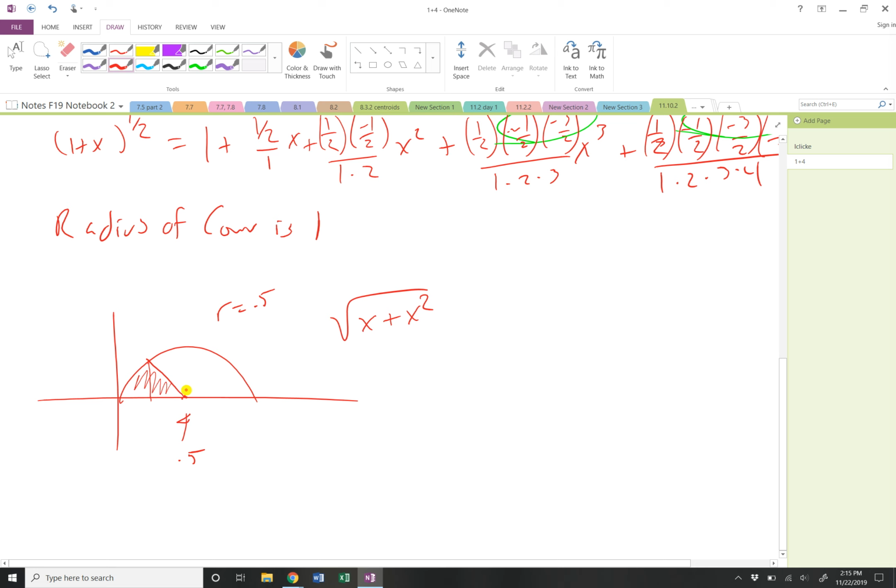The radius is 0.5, so you have pi r squared, 0.5 squared times that's an angle of 30 degrees over there, so pi sixths, so you end up with pi over 24.